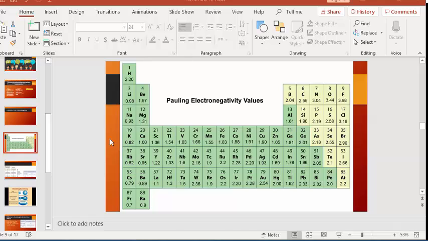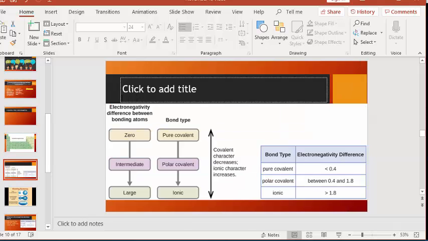These values will come in handy when you need to calculate the difference, which will tell you if something is polar, nonpolar, or an ionic bond. So we'll come back and revisit this. Electronegativity difference is the difference between the bonded atoms.